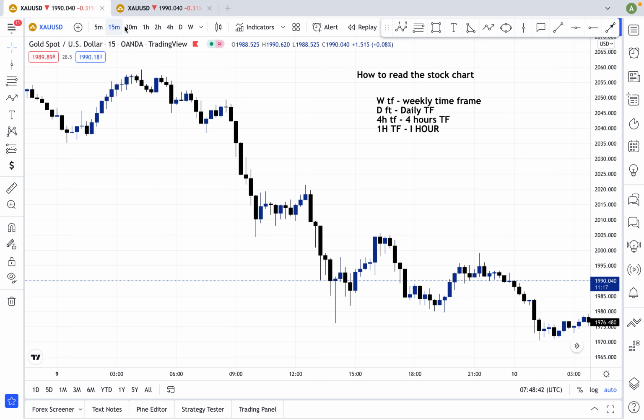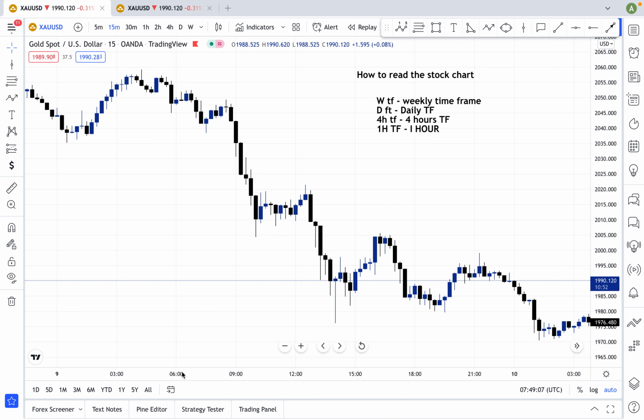On this present TradingView, each of my candles is representing a 15 minutes time frame. So this whole candle is just 15 minutes. To form this candle takes 15 minutes.